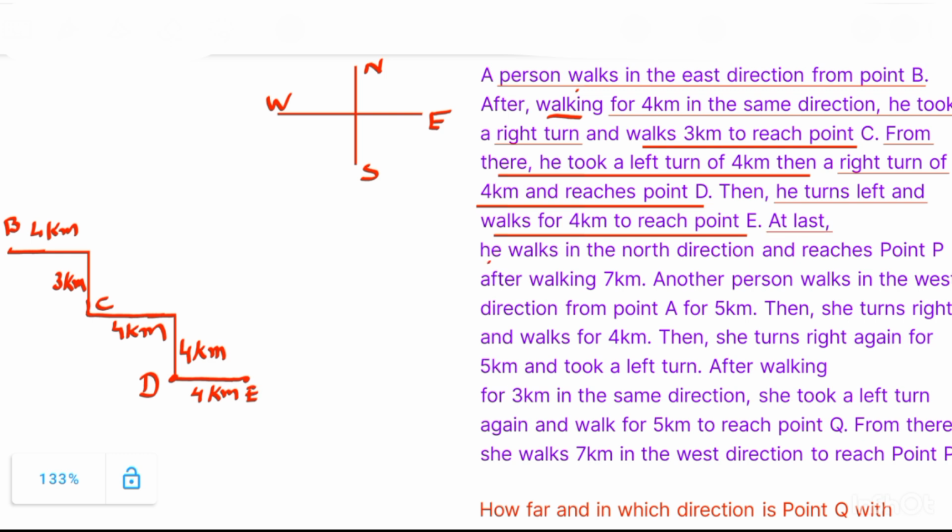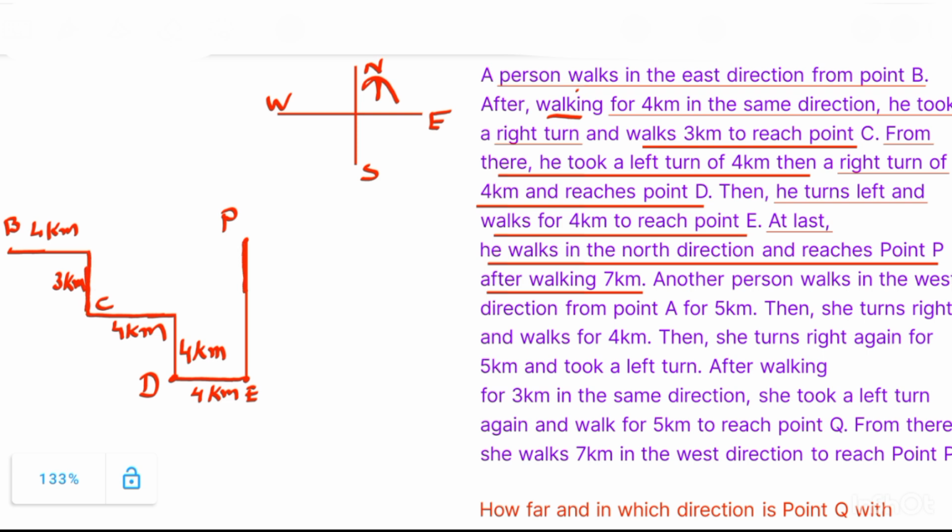At last he walks in the north direction and reaches point P after walking 7 kilometer. Now from here he walks towards north direction. North direction is this. So he walks toward north direction for 7 kilometers and reaches point P. Now you can see that this was 3.